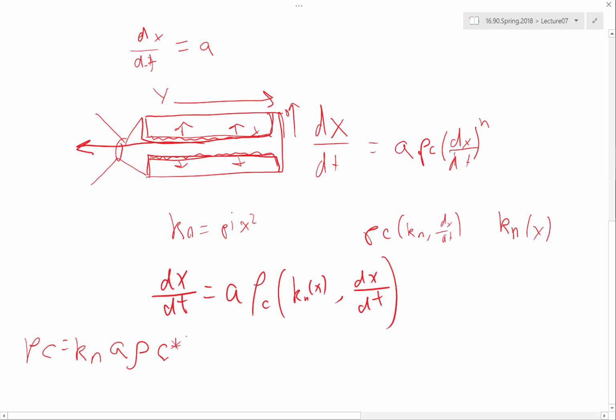Here, do we satisfy the criterion if we have this equation and A is known, rho C is known? Given x, can we compute dx/dt? Basically, yes. How?